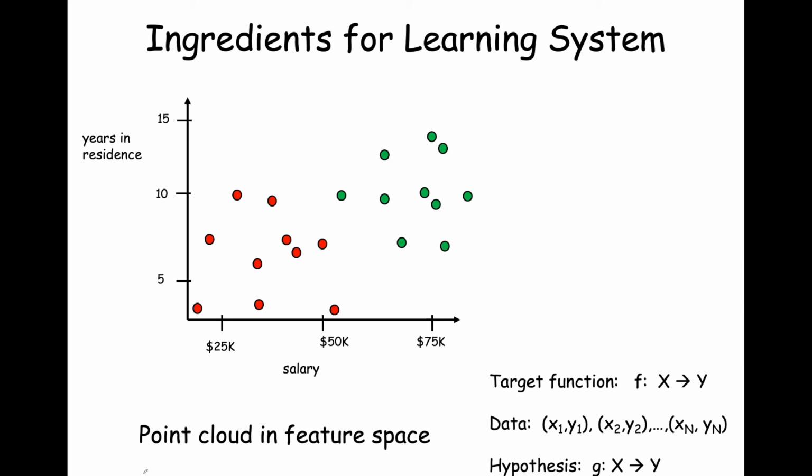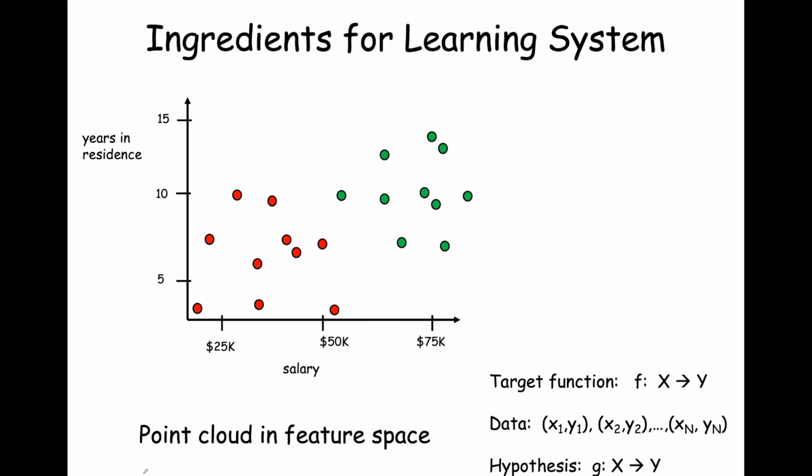The green points are those for which the unknown target function has labeled +1, you're approved for a loan. And the red data points are those customers who have labels of -1, the so-called negative examples, labeled -1 by the unknown target function. They were denied credit by the bank. And so this is called a point cloud.